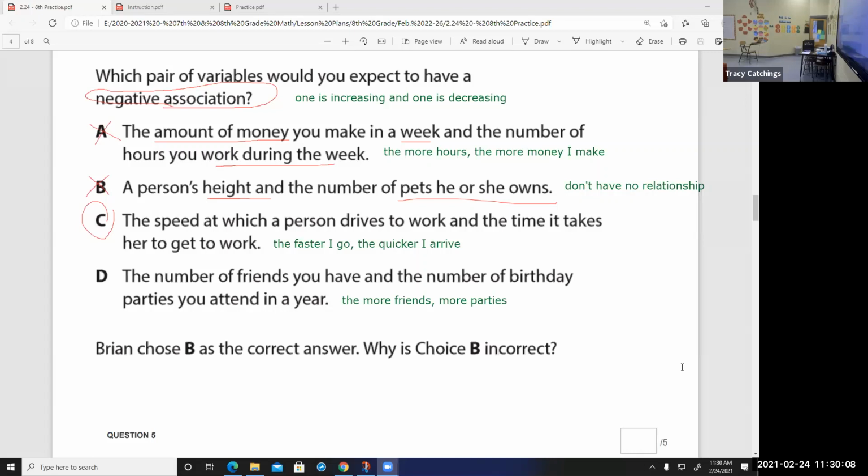A lot of us miss points on this question because we tell what the person did wrong, but we don't ever tell them what the correct answer was.